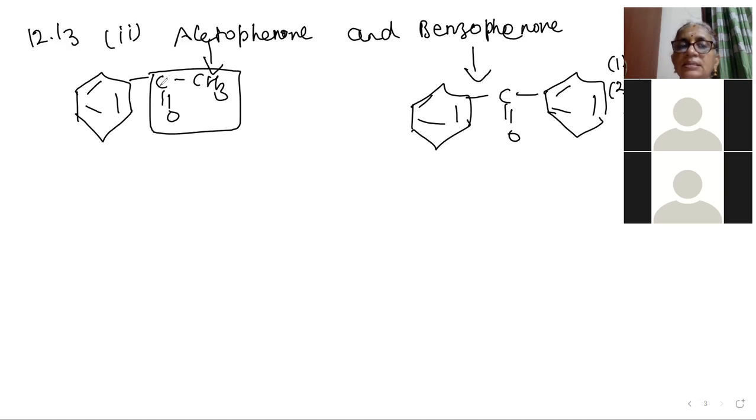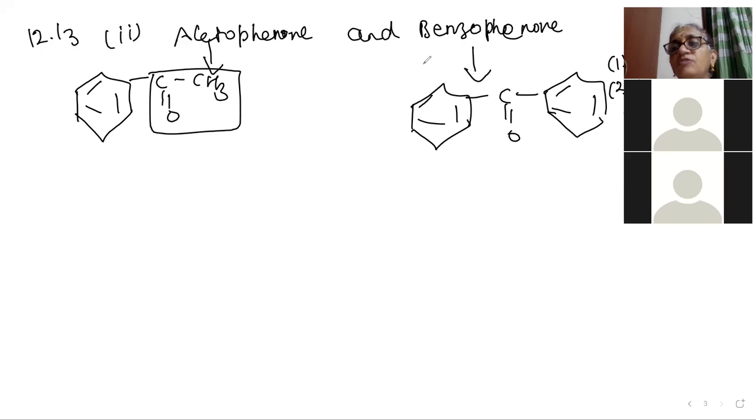Okay, like this. If you have a structure like this in any ketone, immediately you can say it will undergo iodoform test.